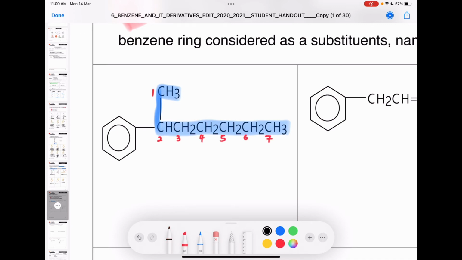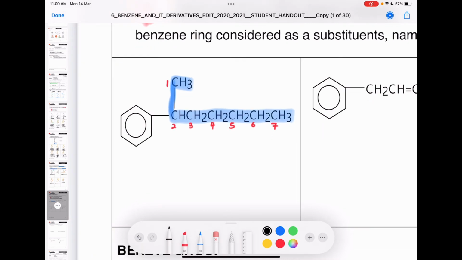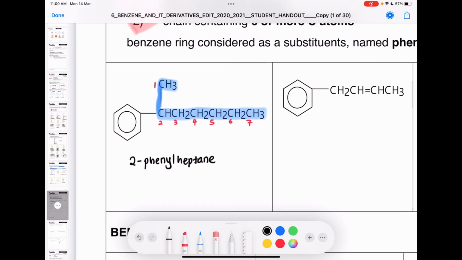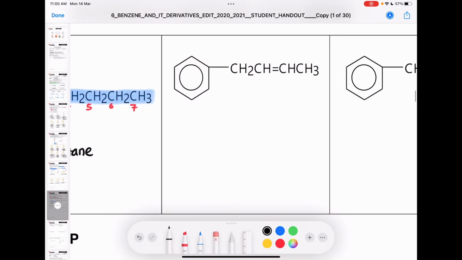So this is heptane, and our benzene ring is located at carbon number 2. So we are going to name it 2-phenyl heptane. When the benzene ring becomes a substituent, it will be phenyl.